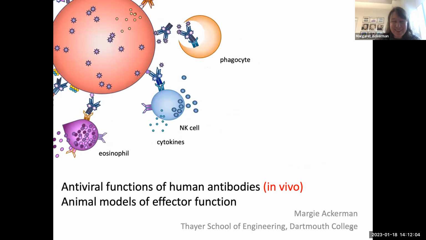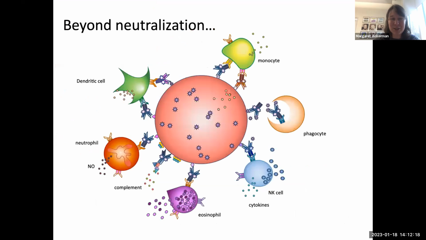So I'll talk about antiviral functions of human antibodies with a focus on in vivo activities, and highlighting some work from animal models that are currently used to explore the relevance and importance of these mechanisms of action.